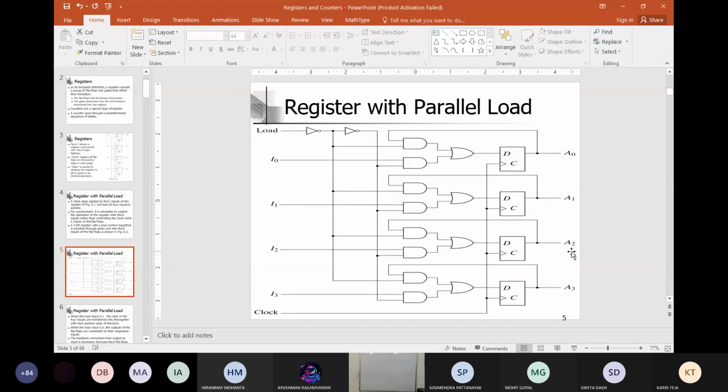Everybody are analyzing or just checking the slide? It is a general example. There is no real design there, it's just a circuit I'm showing. Can you analyze the circuit? Is that parallelly loaded? Can you explain the working style of this particular register?